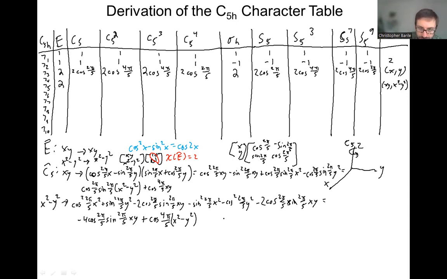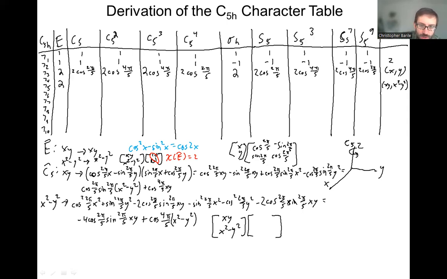And so our matrix here that describes our transformation for the C5 operation, we are taking xy and x squared minus y squared, we know those transform together. And we only care about the on-diagonal components of our matrix, which are the component that goes into itself.